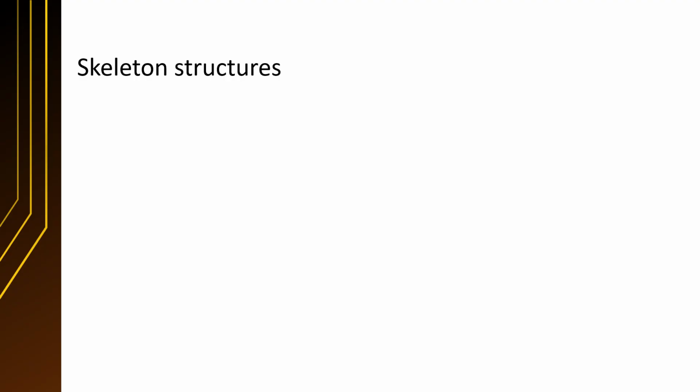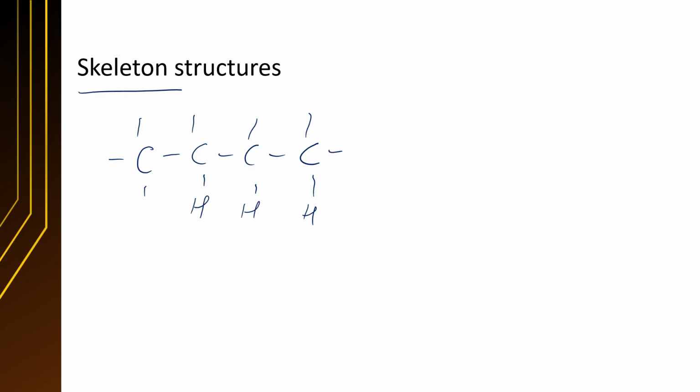Now, sometimes you will also see skeletal structures, and these ones are fun. So let me draw butane again, so you guys can see it. Butane is C4H10. So let me fill in all 10 hydrogens. And again, this is the structural formula showing all of the bonds and all of the atoms.